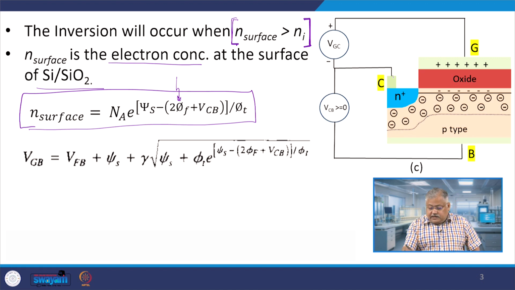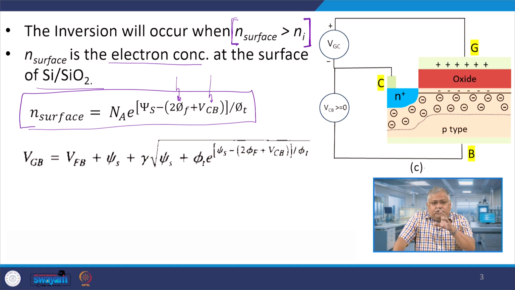What is VCB? It is between C and bulk, right, between C and bulk you apply a voltage. Why are you adding this 2 phi f and VCB? The reason you are adding VCB, at least in this case, is that once your VCB becomes larger and larger, right, you are actually increasing the depletion width, as I discussed with you in the previous slide.